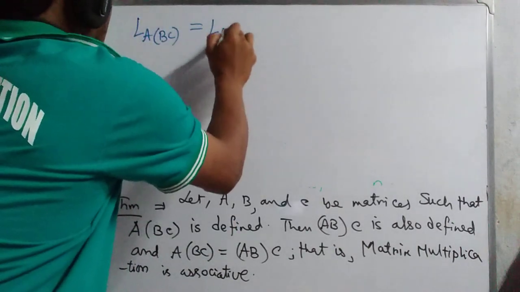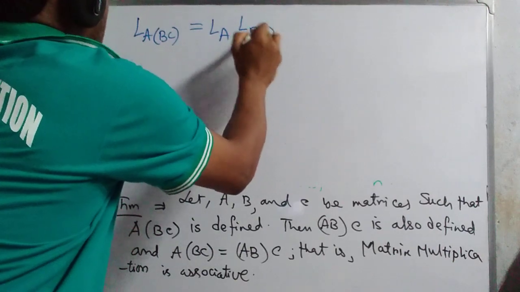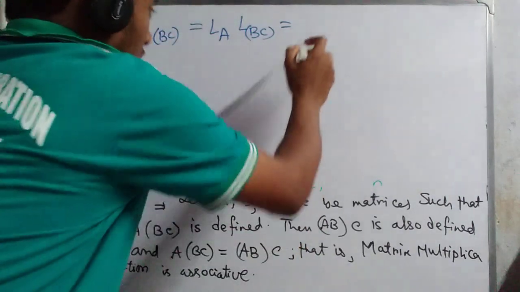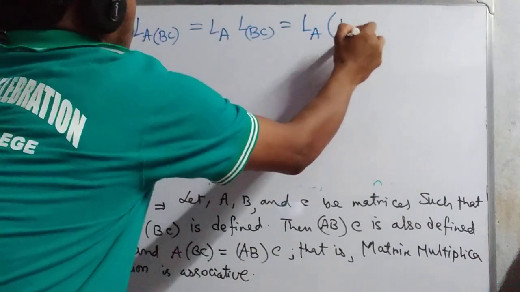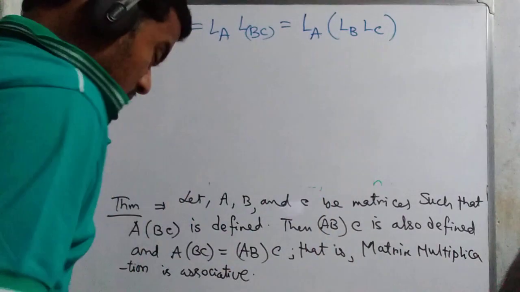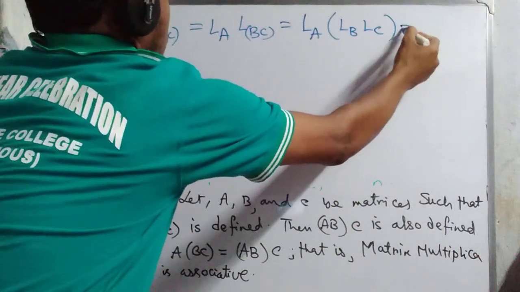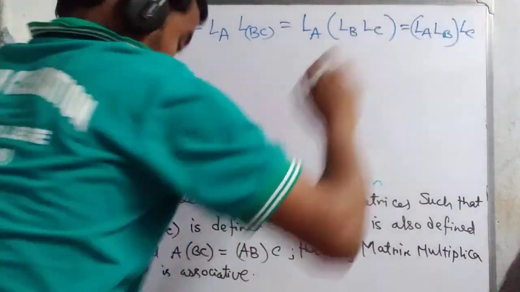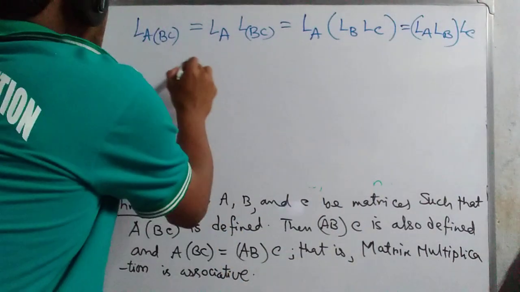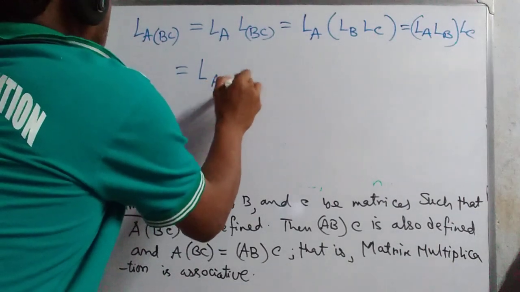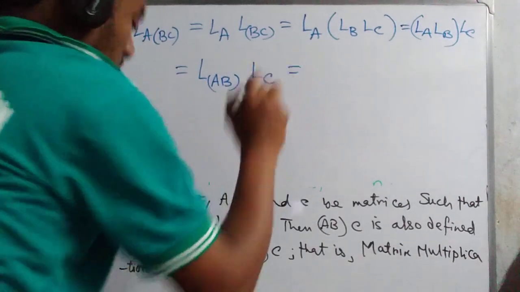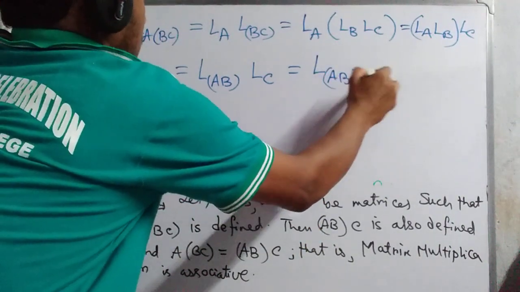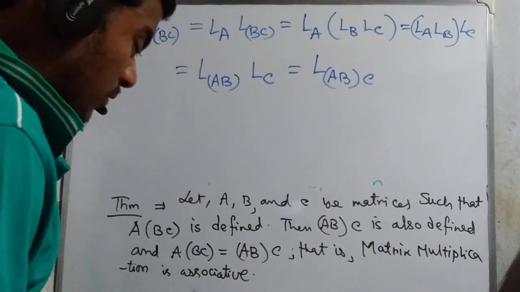We know that this is L_A L_(BC), equal to L_A L_B L_C, equal to L_(AB) L_C, equal to L_(ABC).